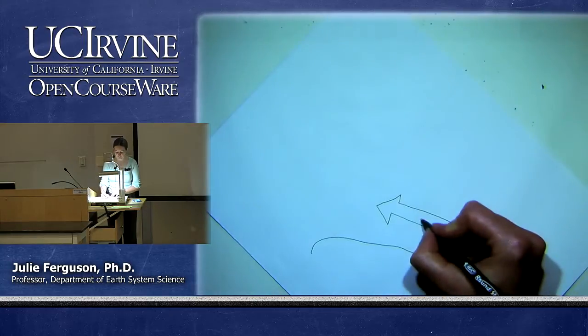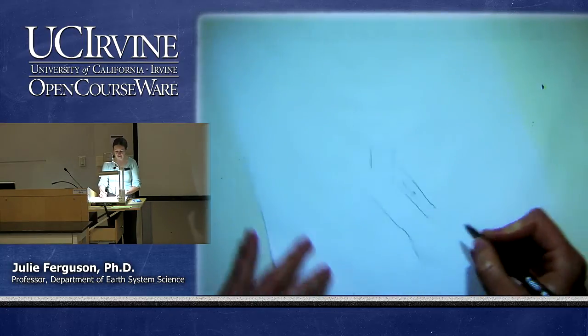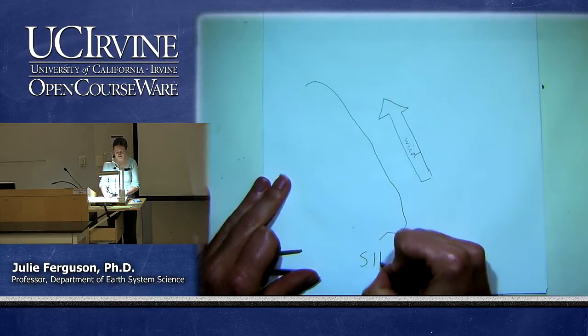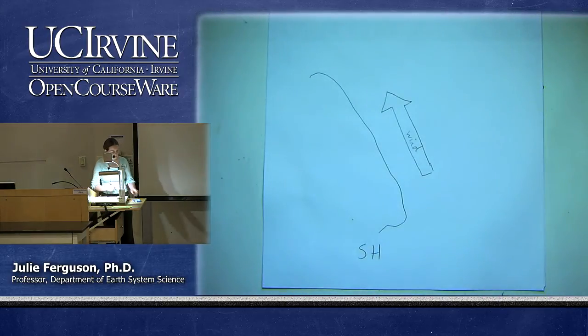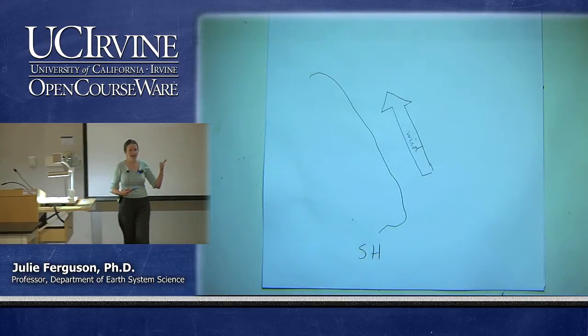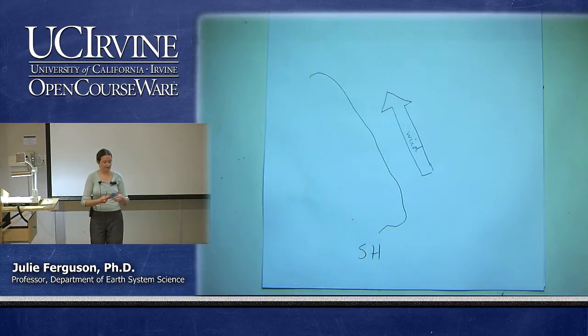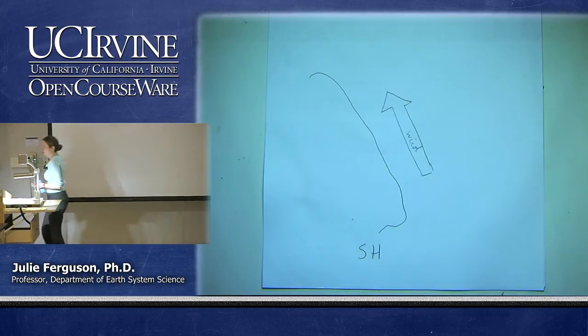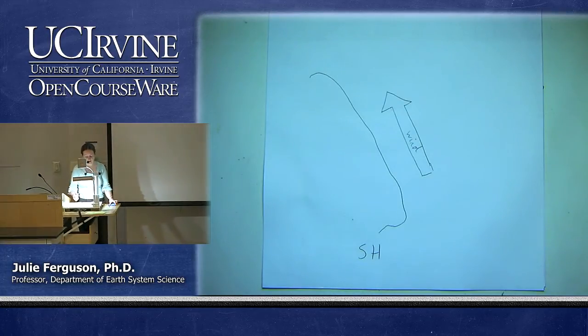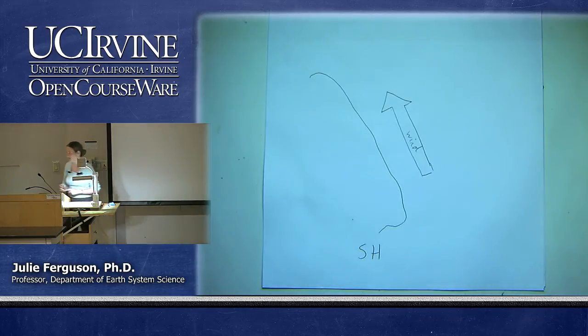Okay, so this is our wind, and now we're going to be in the southern hemisphere. Is upwelling or downwelling going to happen here? So A for upwelling, B for downwelling. Okay, so let me, oh, I can't ask the question, unfortunately. So think for yourself and come up with your answer, and then I'll come back and answer the question in a second.